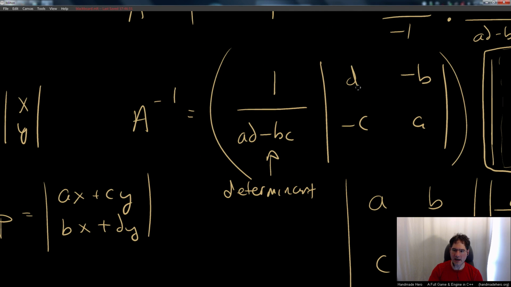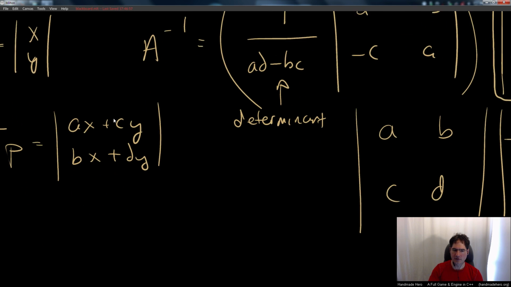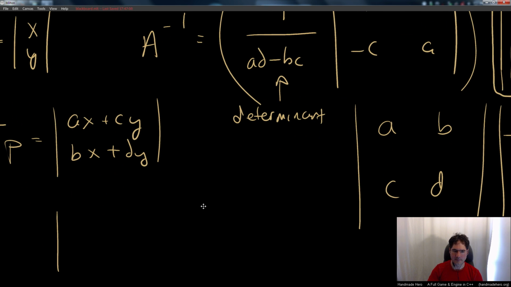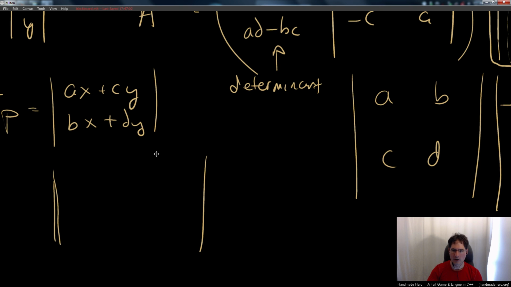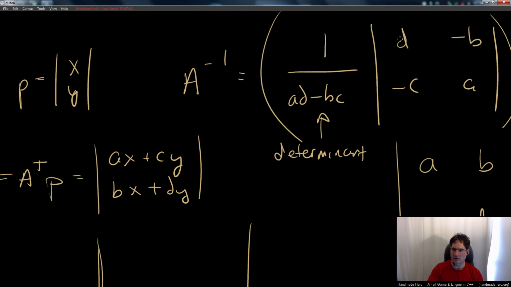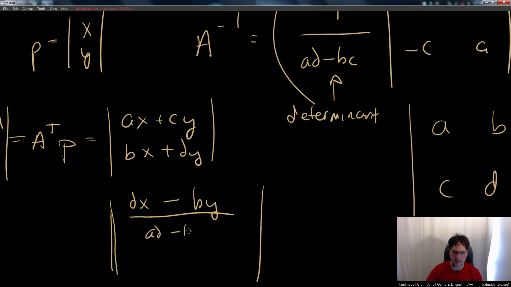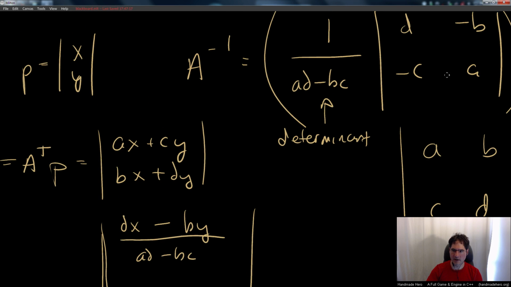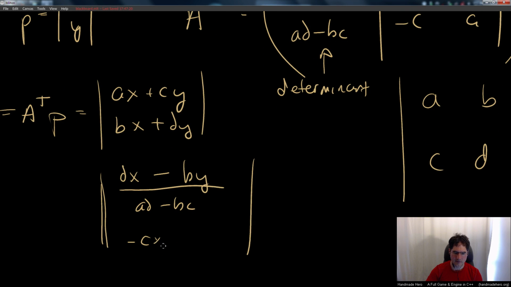So if we were going to do that, we would be multiplying by this matrix and then dividing by this value, right? So our final values that we would get would be DX minus CY over AD minus BC, and then negative BX plus AY over AD minus BC, right?